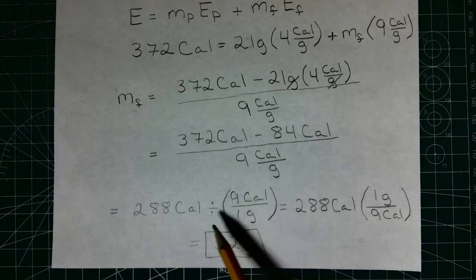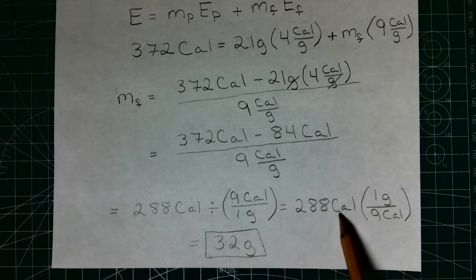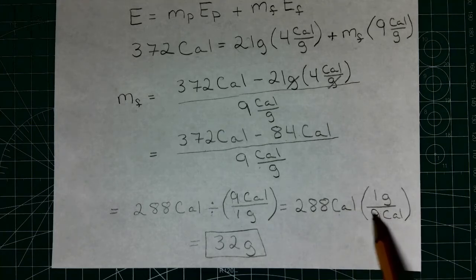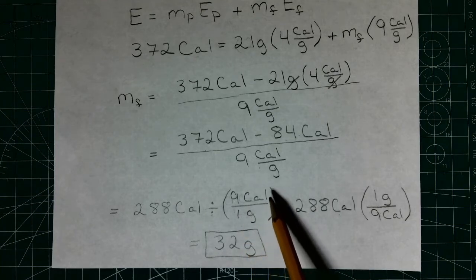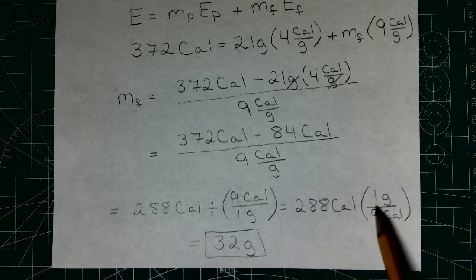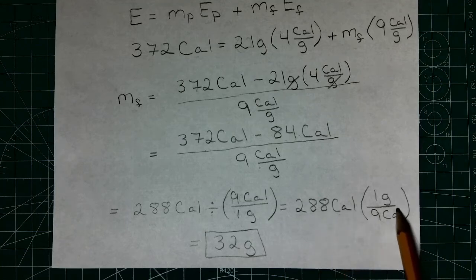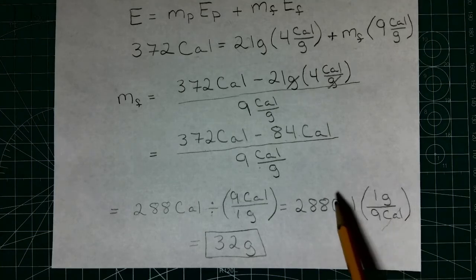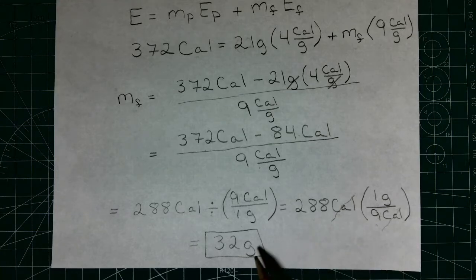So when you divide by a fraction, that is the same as multiplying by the reciprocal of that fraction, right? That is a rule that we learned from algebra. You are going to do the reciprocal, and you're going to do some multiplication here. Okay. Now I can see that I have calories down here, and I can cancel that with these calories here. And then the math I need to do is 288 divided by 9, and I get 32 grams of fat.